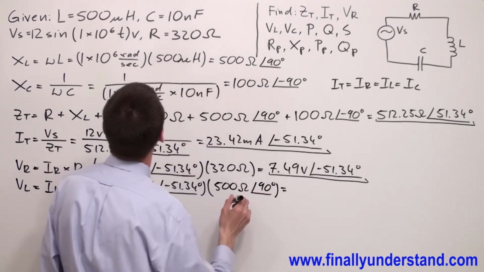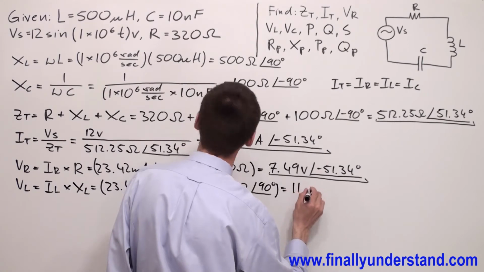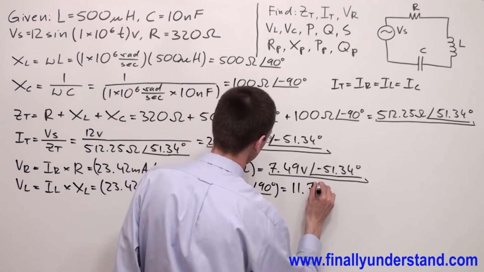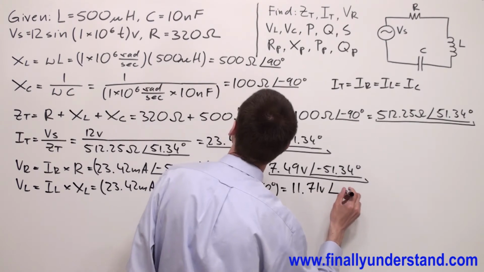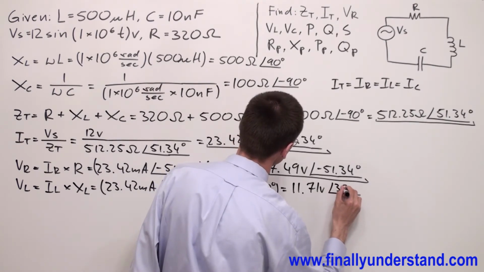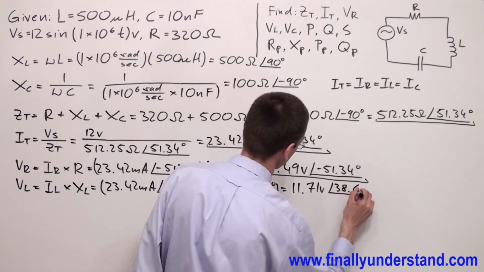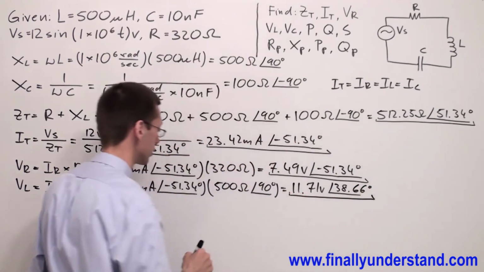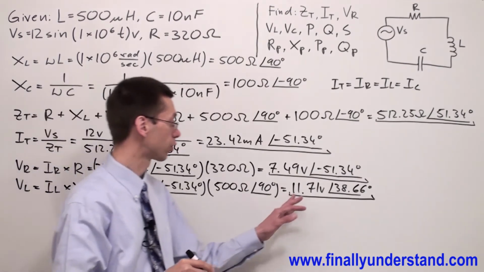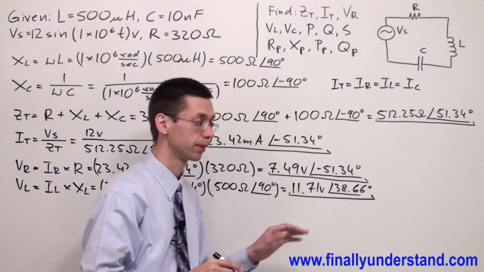This is equal to 11.71 volts and angle of 38.66 degrees. Okay, so this is the voltage across the inductor.